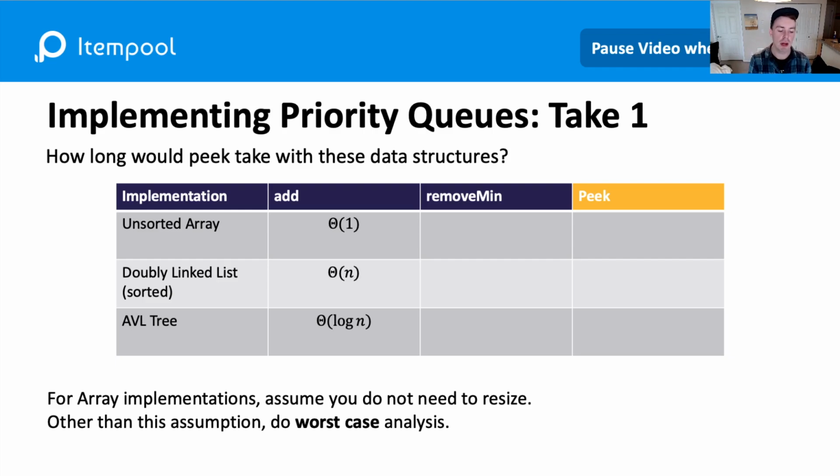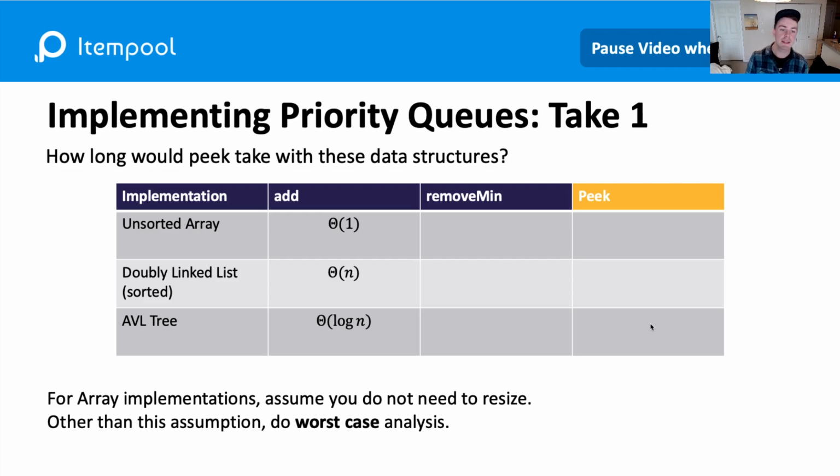And then what is the runtime of that implementation? In this question on the poll, it's a free response. All I'm really looking for are the actual runtimes for peek, so just say what the 3 runtimes are. But it's important to think about how would I implement this in this structure as I described it. So take a second and think about what are the runtimes for the peek operations using these different implementations.